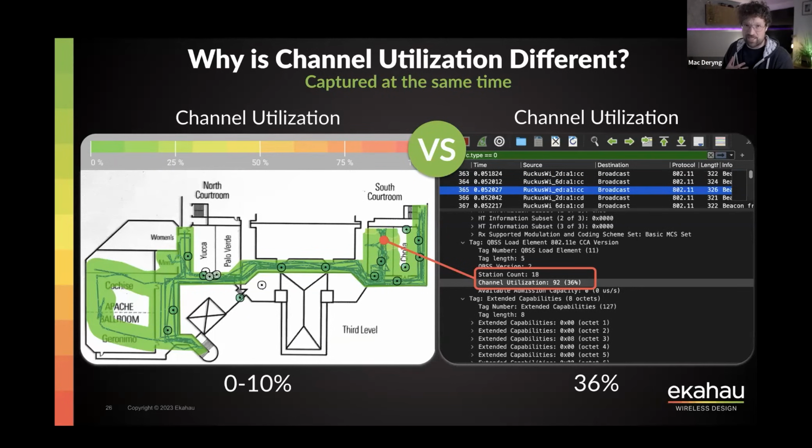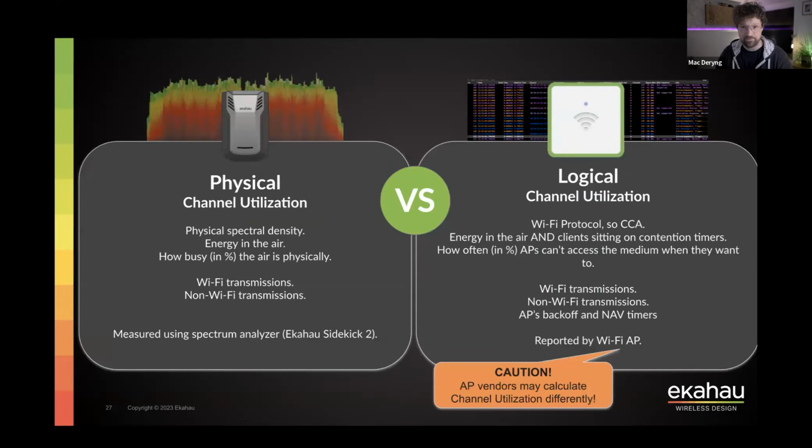And it's not 0 to 10%, it's 36%. So why is there a difference on the left and on the right-hand side? That is a very good question. So let's move to the next slide, Matthew.